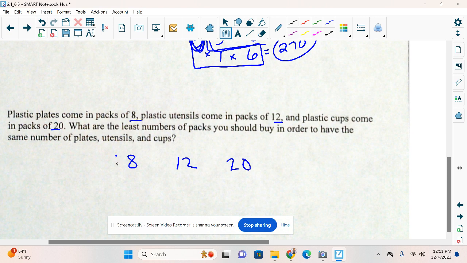I'm going to label what these represent, because it's a word problem, so these numbers mean something. The 8 represents what? The plates. Plastic plates come in 8. The 12 represents the utensils. And your 20 is the number of cups.